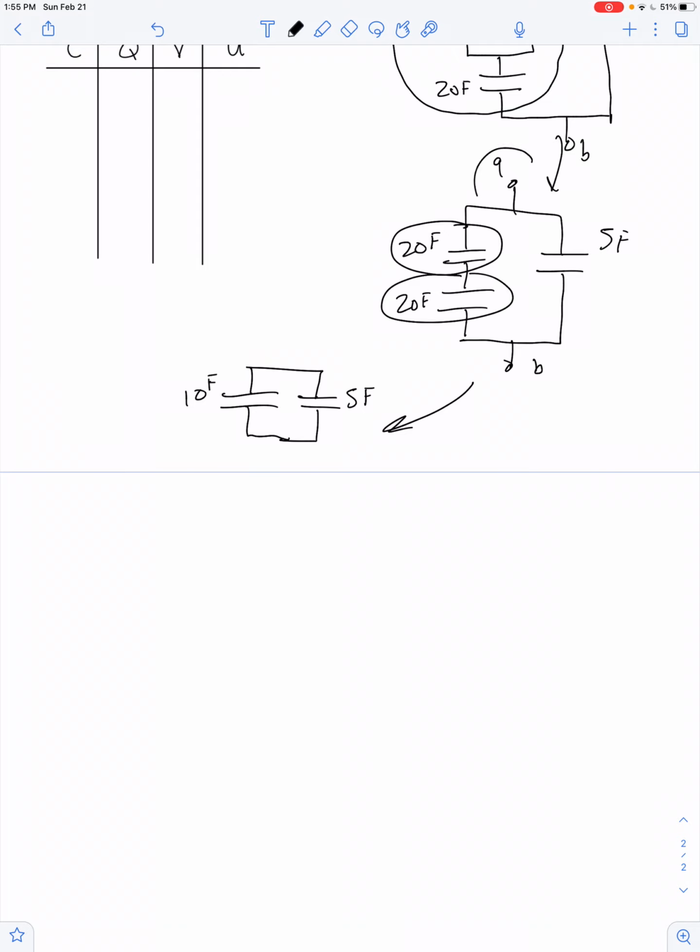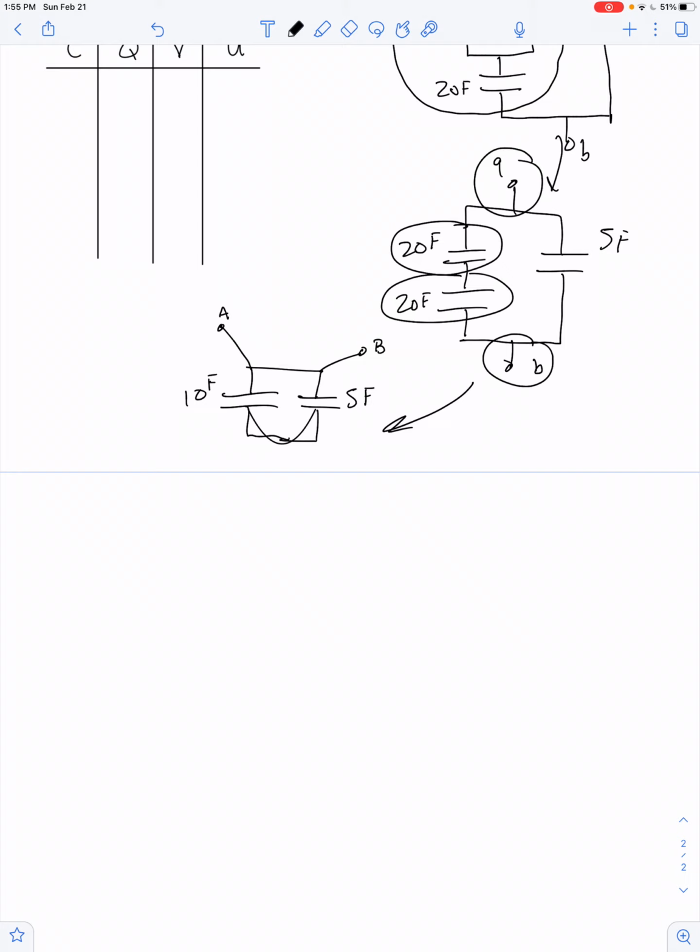It's important, I think, to draw these A and B, because if I had A right here and B right here, then it would be like having a 10 and a 5 connected in series, and then that in turn is in parallel with a piece of bare wire that would short circuit those capacitors.